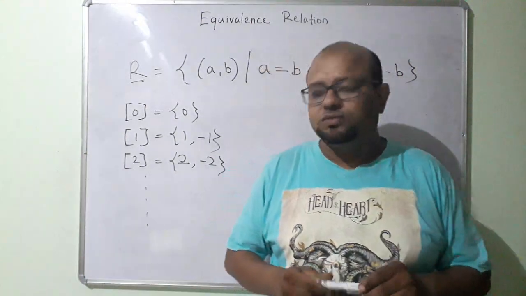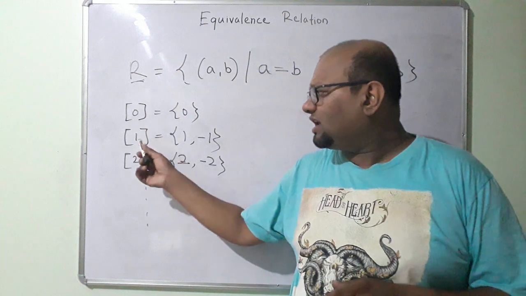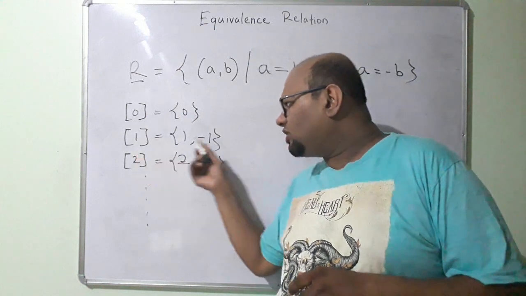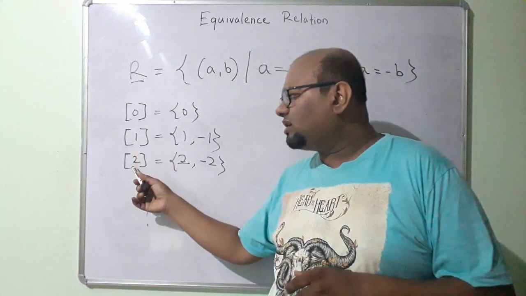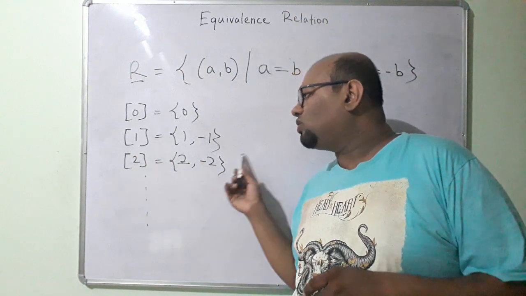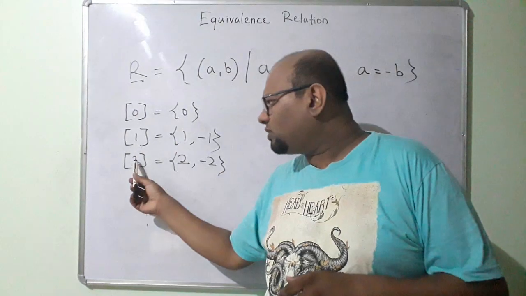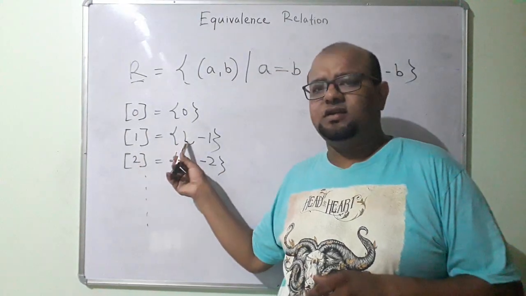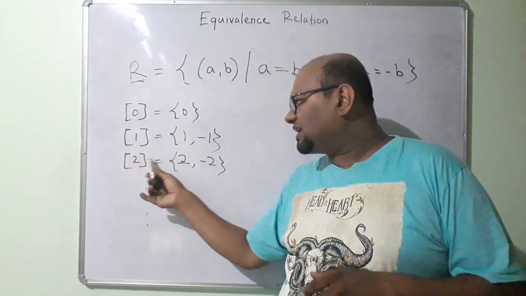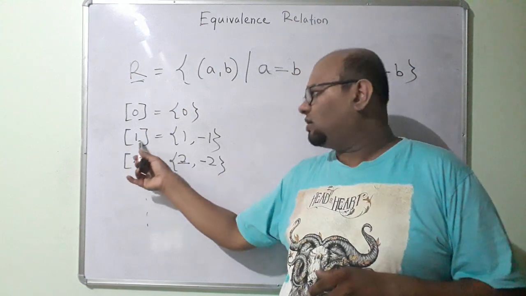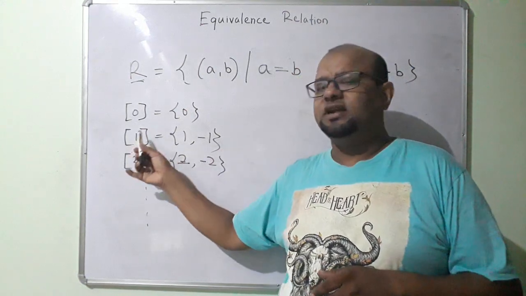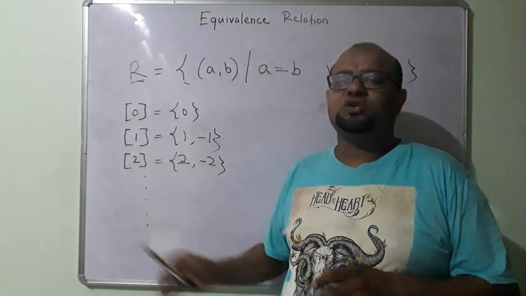All the elements that are equivalent to 1 will belong to this set. All the elements that are equivalent to 2 will belong to this set. 1 and 2 are not equivalent. If 1 and 2 were equivalent, then 2 would belong here. All equivalent to 1 will be here, and they will be disjoint always.